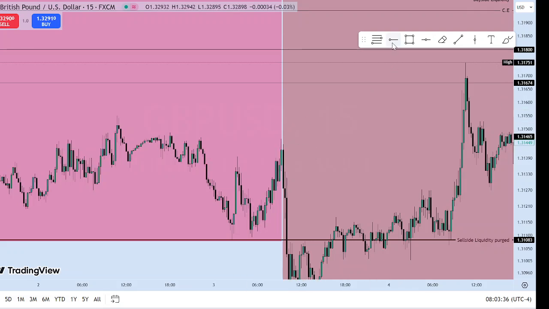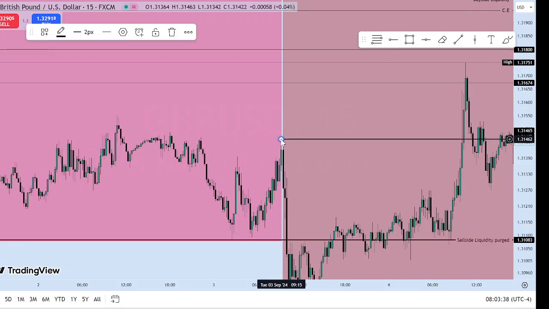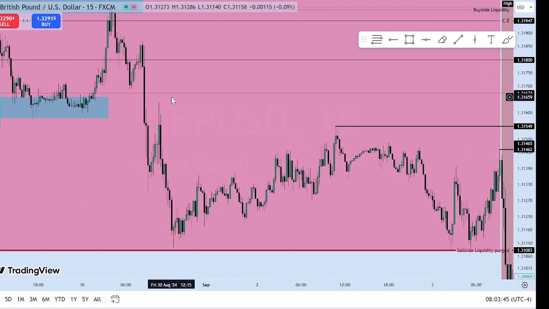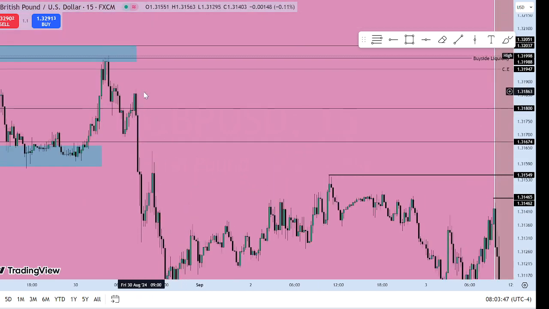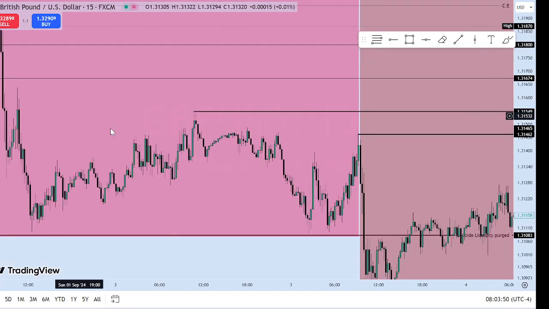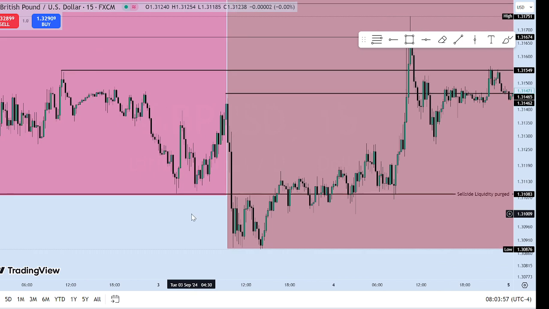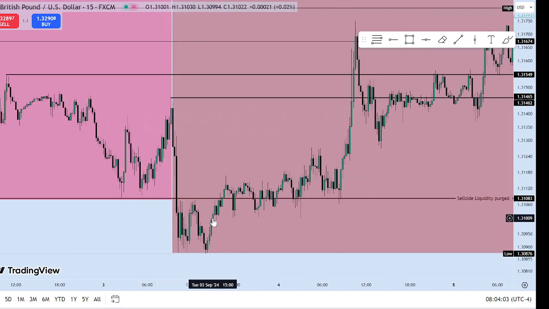All these are buy side liquidity. Here is a high, a buy side liquidity. After taking a major sell side liquidity, same thing after taking a buy side liquidity, the algo will seek a sell side liquidity resting below too.